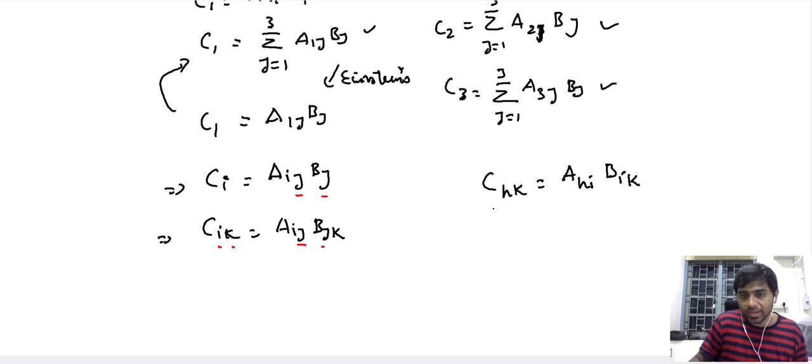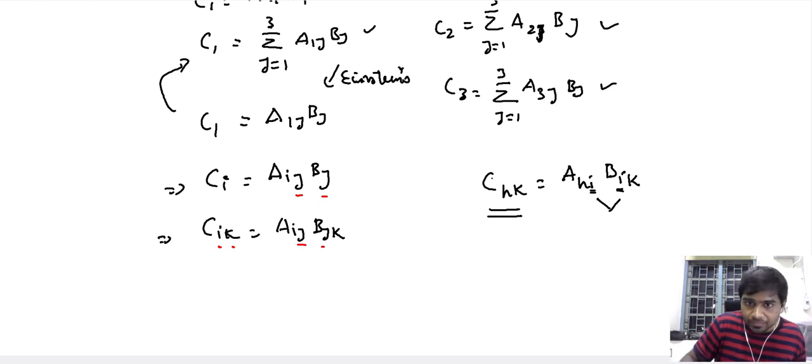So if you want to write an expression for the elements of the product matrix, you will be able to write it as the combination of the elements of the two different matrices, just by introducing a corresponding dummy variable. You can introduce j as your dummy variable, it doesn't really matter, but what you need to understand is the index that is not dummy, the live index, is what gets reflected in the elements of the product matrix. So just a way to understand.